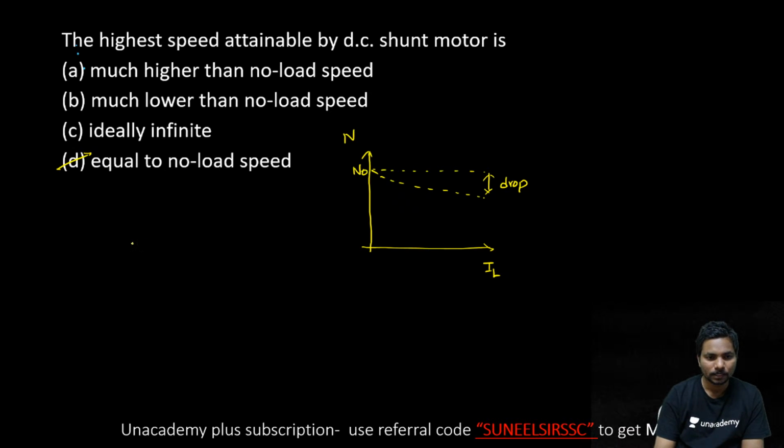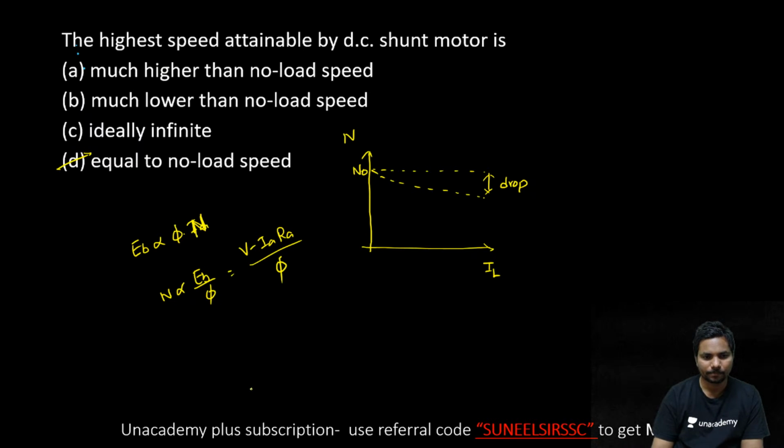We know very well back EMF is directly proportional to phi into N. So N is proportional to Eb by phi. Eb is nothing but V minus Ia Ra, so N is proportional to (V minus Ia Ra) by phi.